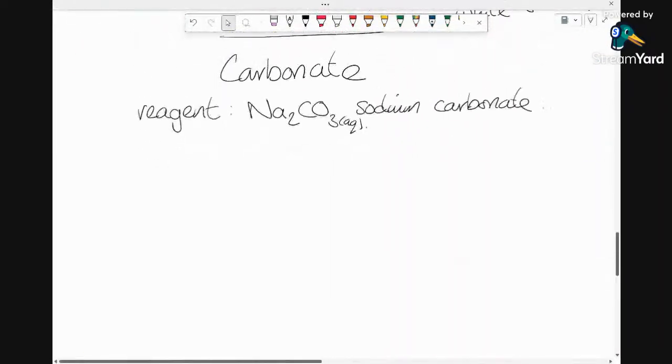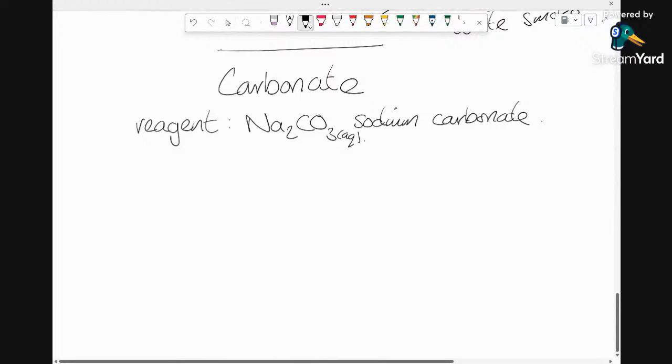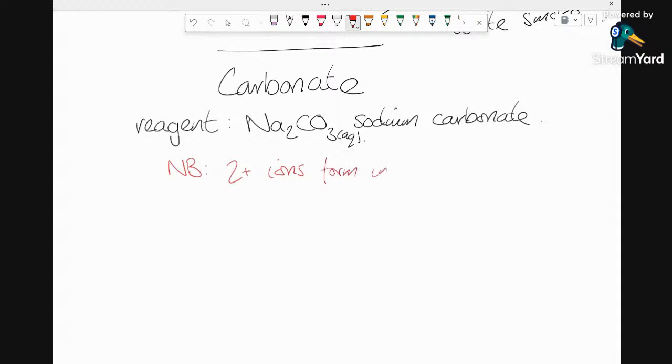So, carbonate test. Now here's a fact for you: nota bene, 2+ ions form insoluble carbonates.